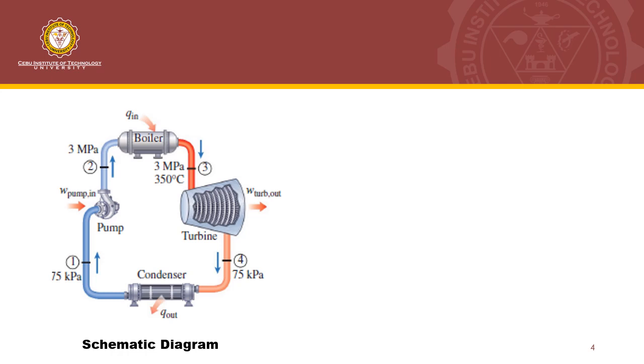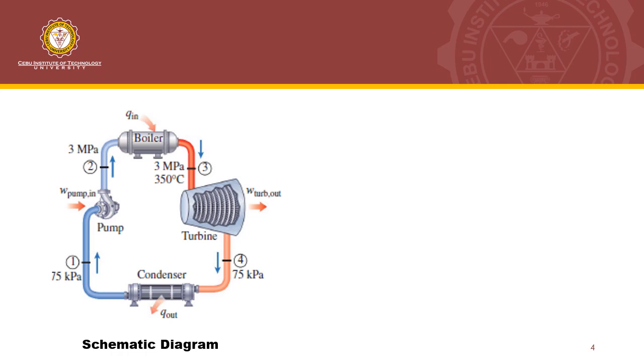So this is the schematic diagram for a simple ideal Rankine cycle. It's composed of the pump, the boiler, the turbine, and the condenser. You can also find in the schematic diagram the work and the heat interactions. First, we have the heat input in the boiler, represented by the Q in.